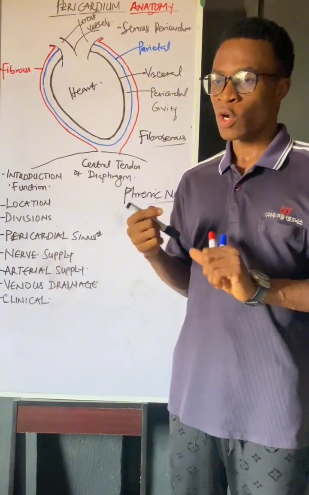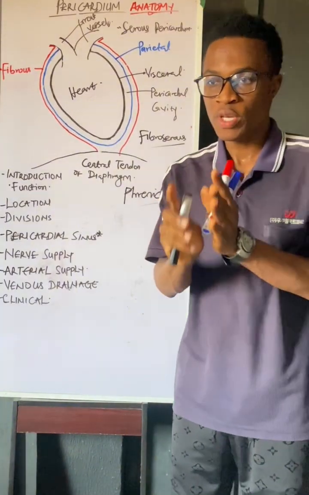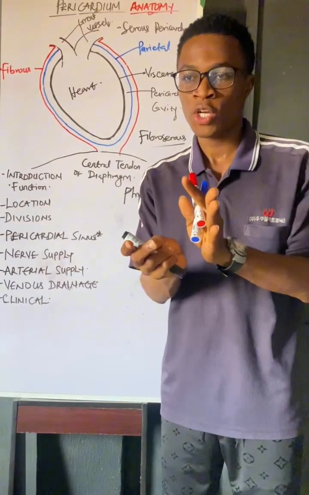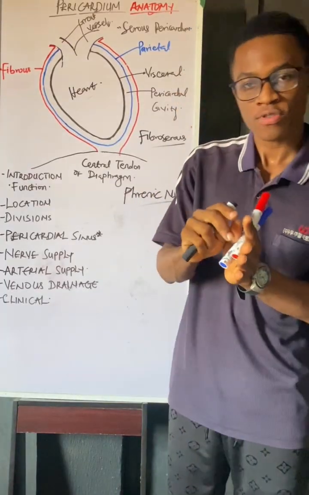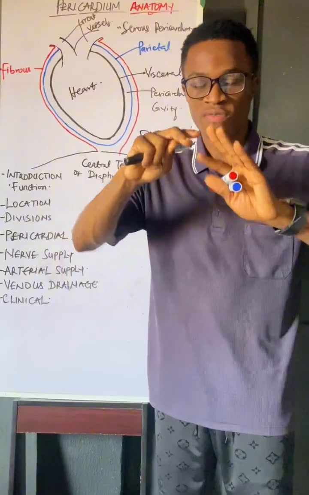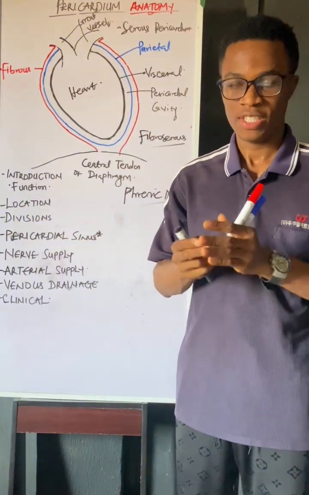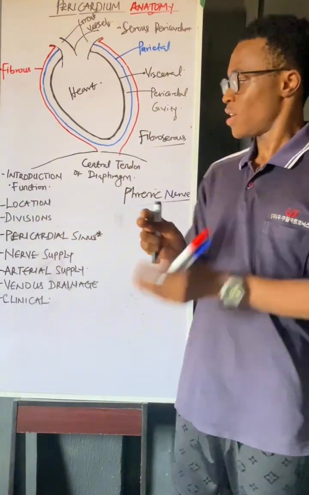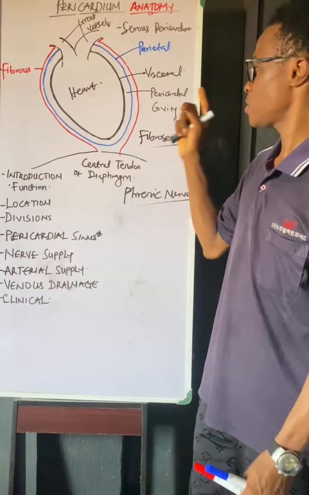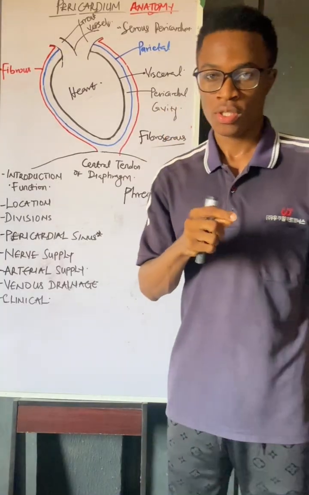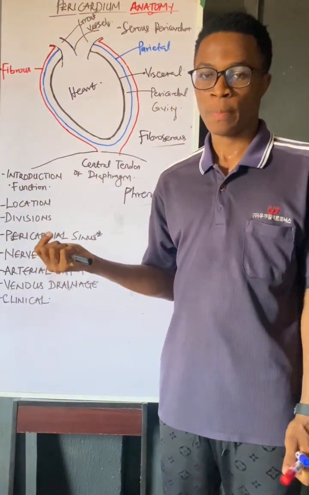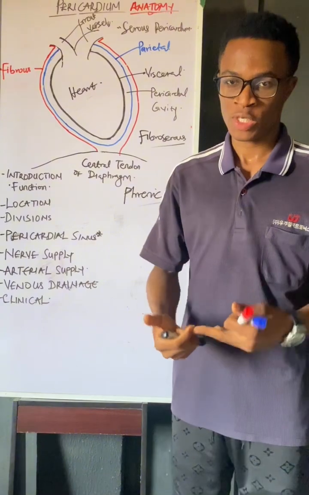Okay, there is another condition in which there will be roughening of the fibrous pericardium and roughening of the visceral pericardium. It is a clinical condition. Then this pericardial fluid is about 50 ml. What does it do? It helps to reduce friction within the heart.